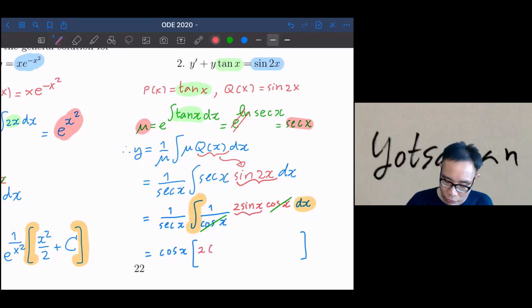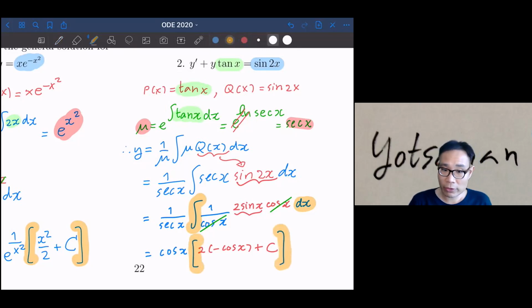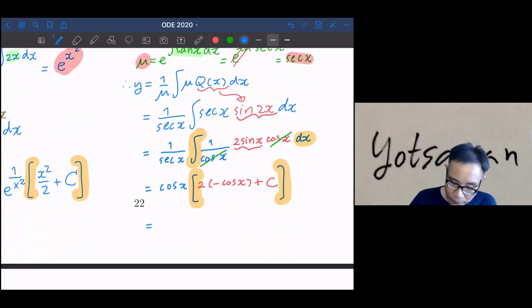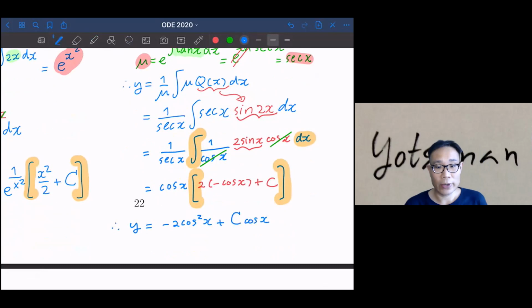Integrating 2 sine x gives 2 negative cos x plus c. So this is your final answer: cos x multiplied with negative 2 cos x plus c. You can multiply the whole thing together, so y will be negative cos squared x plus c cos x, and that's all.